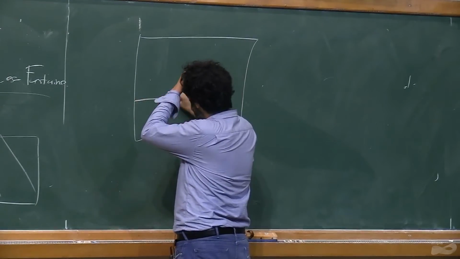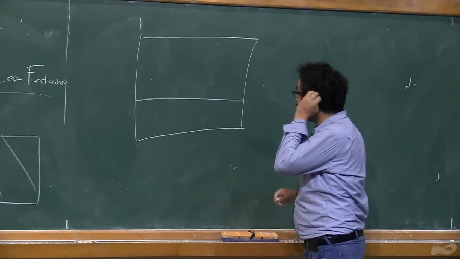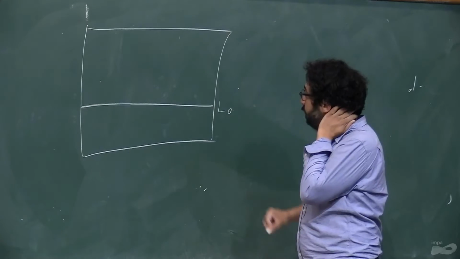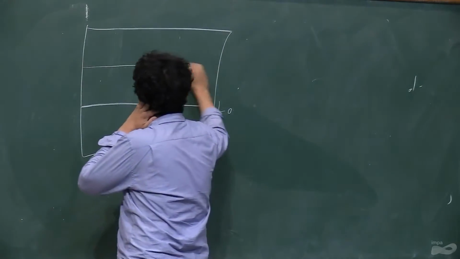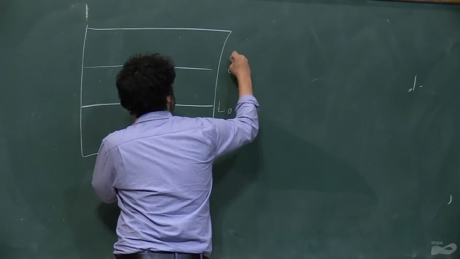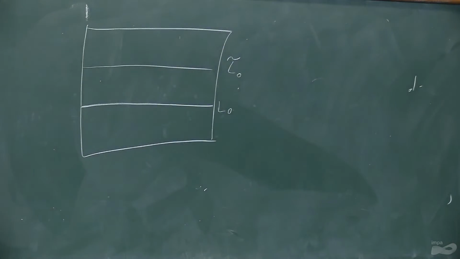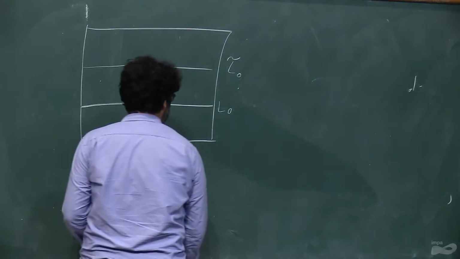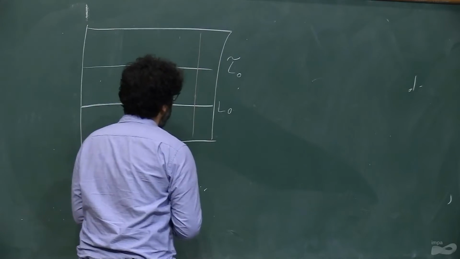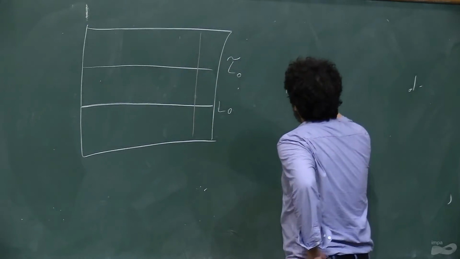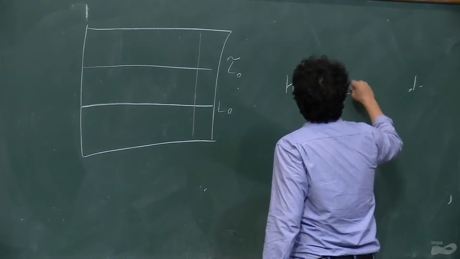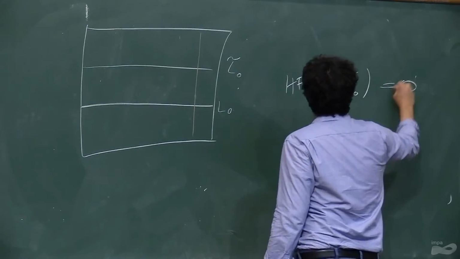So first we notice the following. So this is L_0, and this is L_0 push-off. They don't touch each other, and I have the danger zone here. If I compute the Floer homology, this is 0.